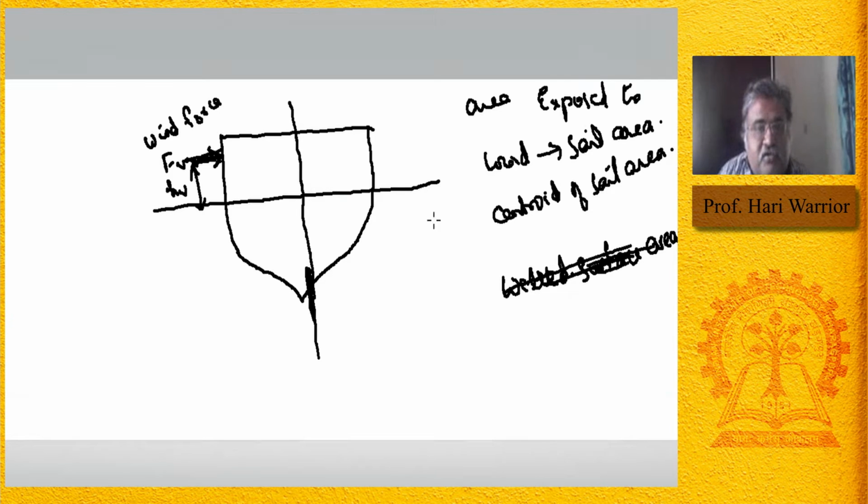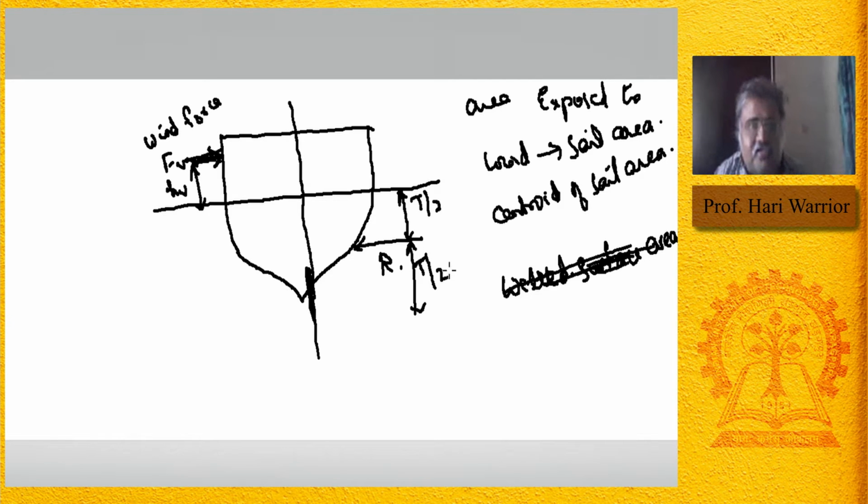When water resists that motion, it produces a reaction force. Reaction force R will act exactly at the center of buoyancy, which will be basically, let's assume, half the draft. The center of buoyancy is usually at half the draft, no? Let us assume it is. So the reaction force acts here.